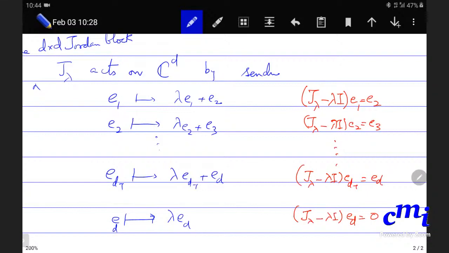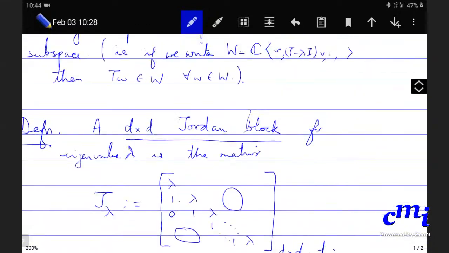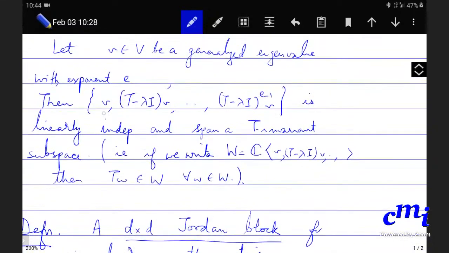So this goes back to what we were doing yesterday. We started with one vector, then repeatedly applied T minus lambda I, and that whole thing is a basis.